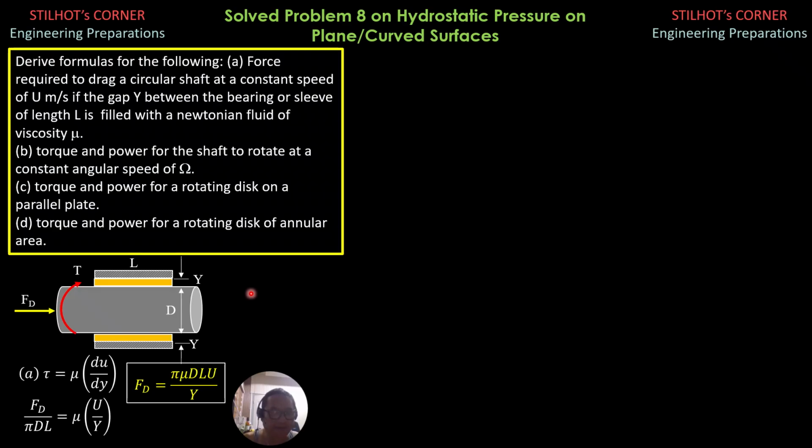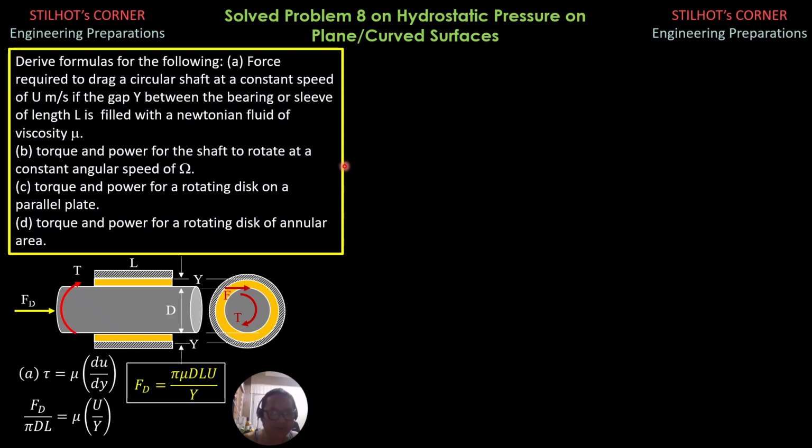Next, for the end view, the orange one is the oil. Force is now acting on the surface of the shaft, and it will have a moment which is F times the radius of the shaft, which is also diameter over 2.